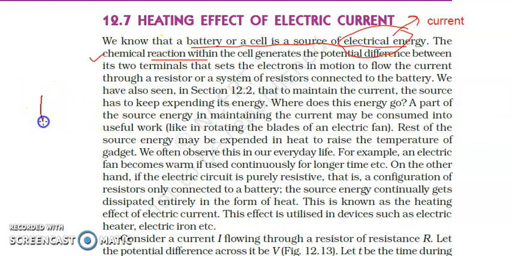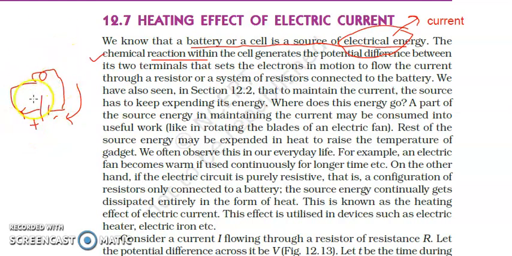For example, this is a battery and a bulb is connected across it. This is the positive terminal of the cell, this is the negative terminal. Current will start flowing in this direction, and ultimately it will come back through this direction. Whatever amount of current the battery gives, the battery has to take that current back as well. So the current returns into the battery through this path.